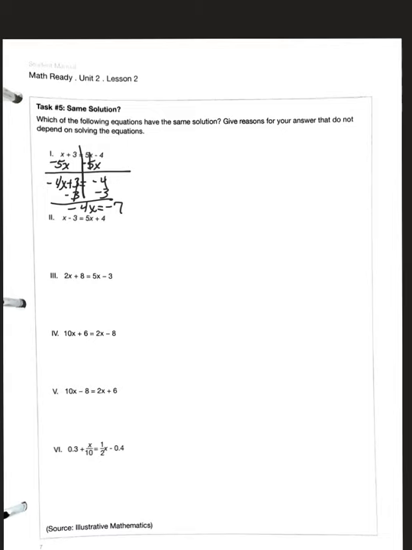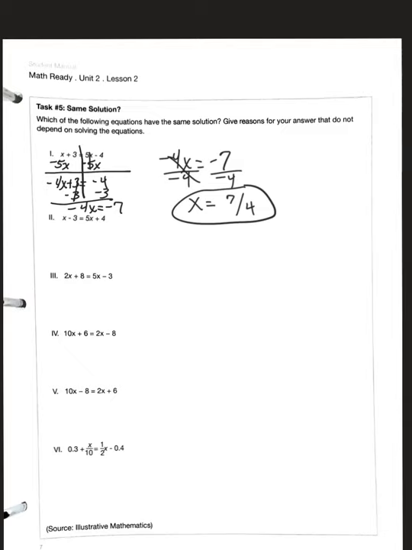Now, last step, divide. That's negative 4 times x, so you're going to divide by negative 4. You're not going to get a whole number when you divide that, so I'm just going to leave it. Negative over negative becomes a positive, because negative divided by negative is a positive. So positive 7/4 is the answer for that one.